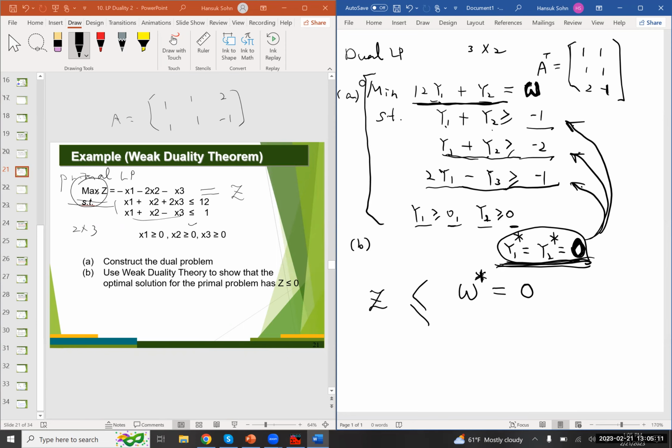So by the weak duality theorem, we can easily show that the primal objective function value should be less than or equal to 0. So our second part, part B, is done this way.